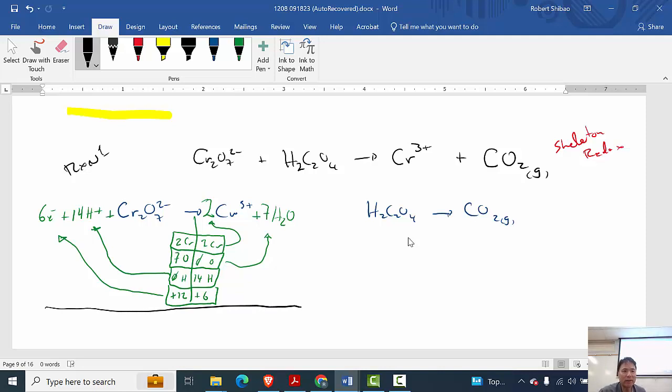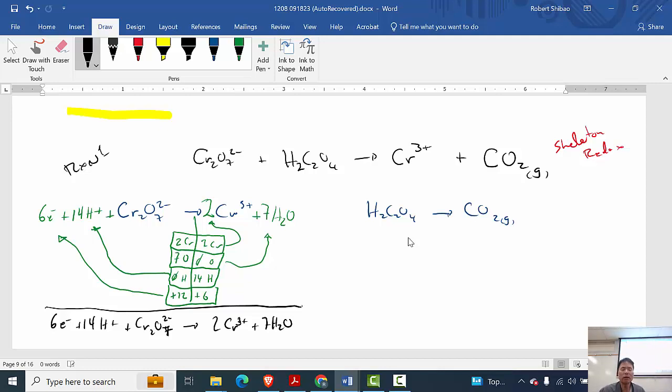So when I combine everything, I'll get the 6 electrons plus 14 H plus 1 dichromate is going to yield 2 chromium 3 plus 7 H2O.